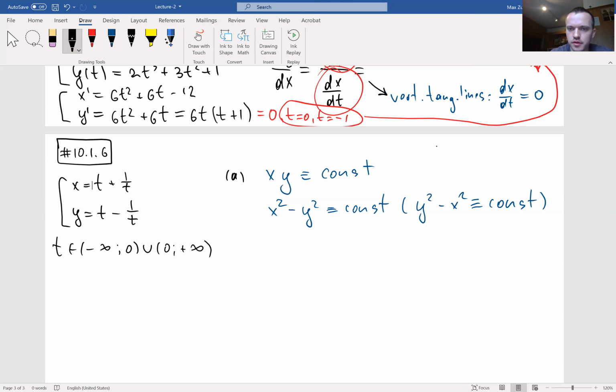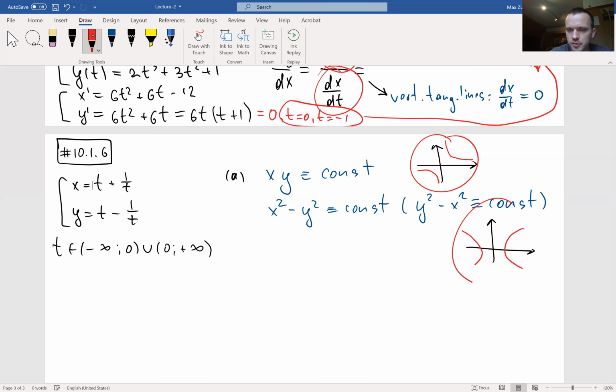The graph of the first one is going to look something like this, and the graph of the second one is going to look something like this.